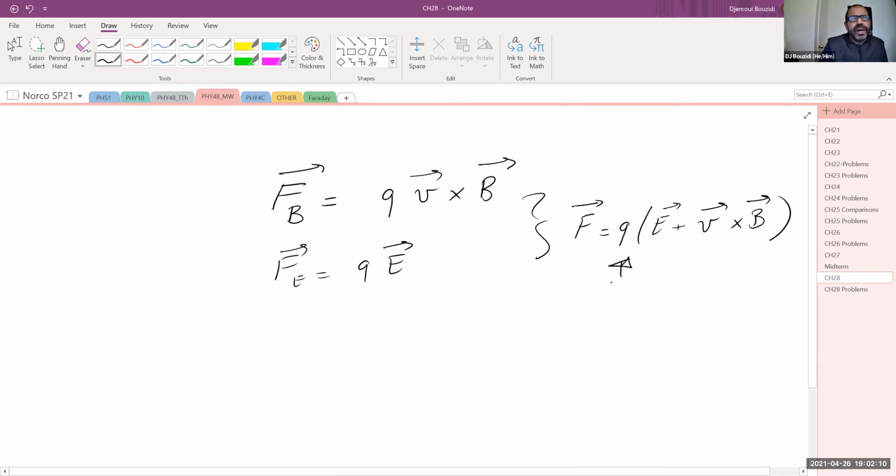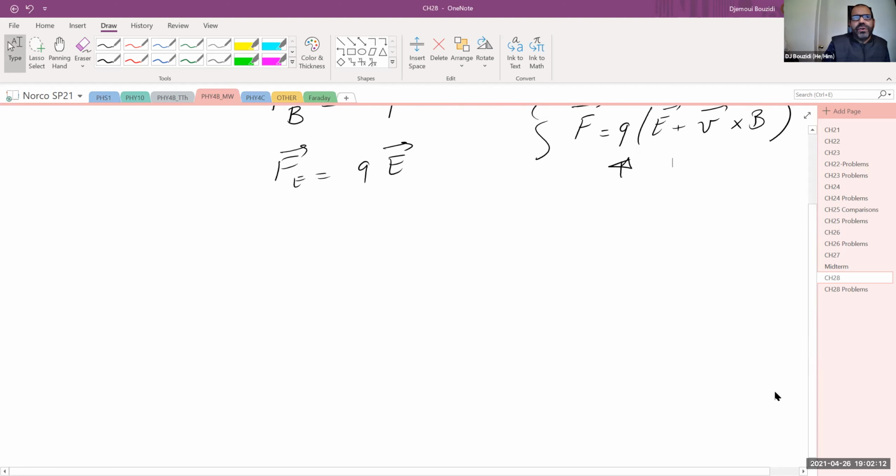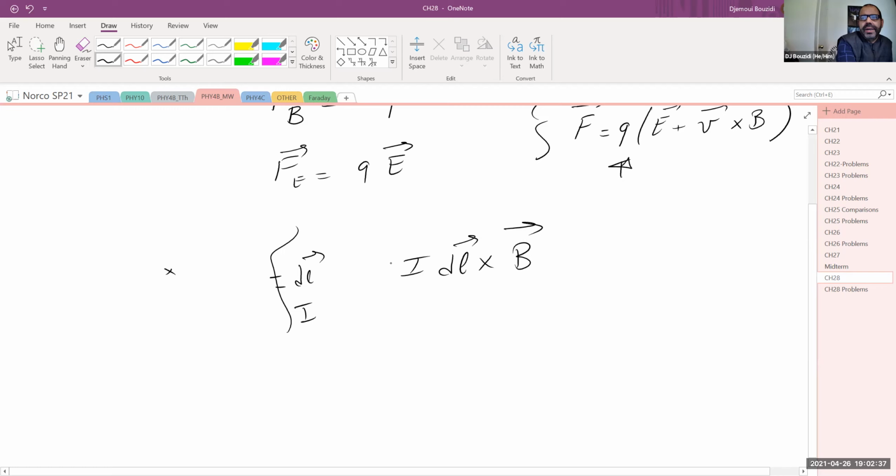We also derived an expression for the force on a wire that has a current I running through it. If I take an element in here, dL, we saw that it is subject to a force inside the magnetic field, and that force equals I dL crossed with B. This is the force on a wire by a magnetic field.